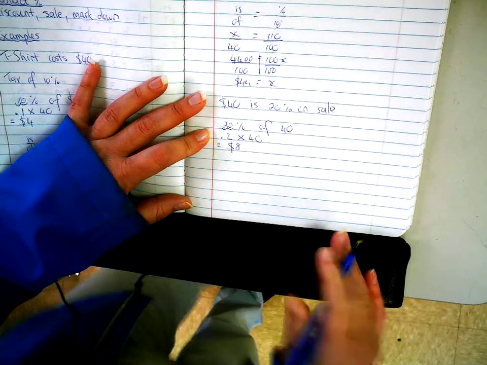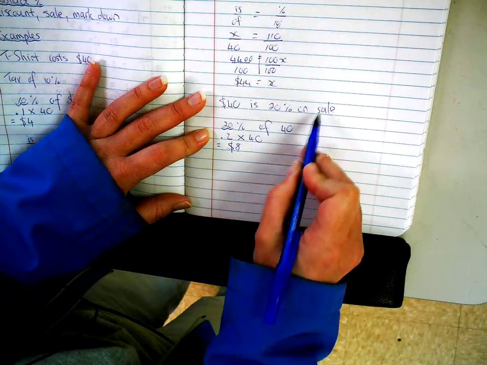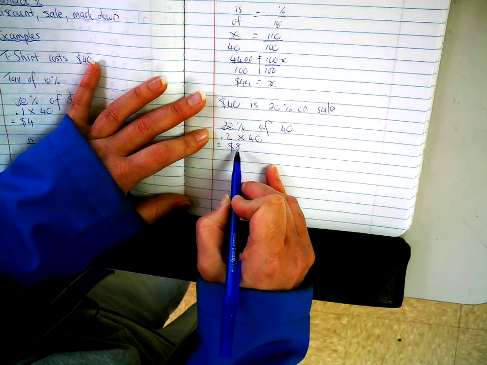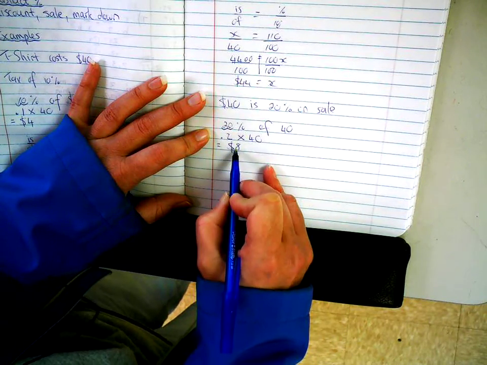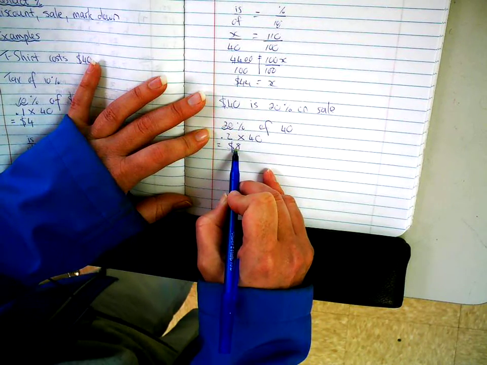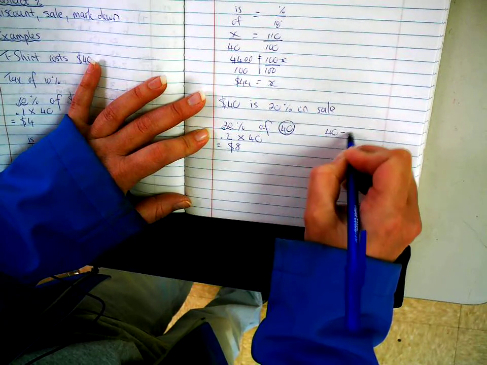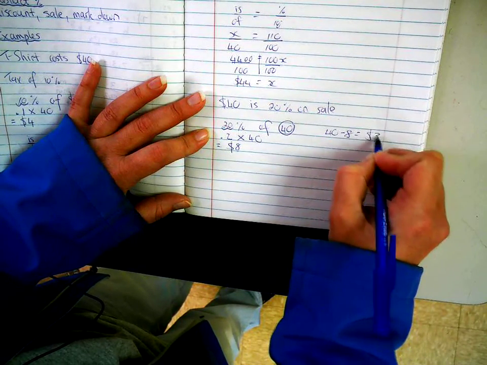So I'm getting an $8 discount. So what does this $8 discount mean? It means that the 40 now becomes $8 less, $32.